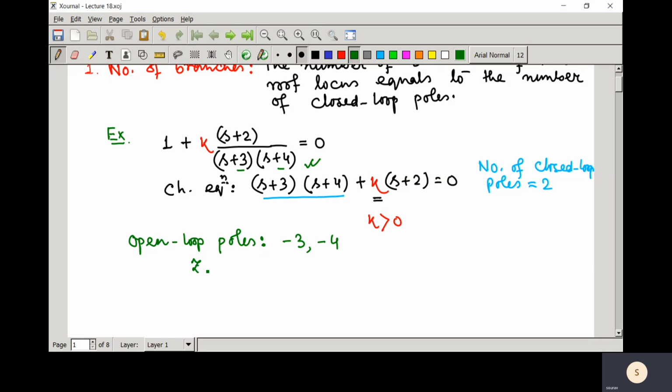And for zeros, there is one finite zero, that is -2, and another zero is at infinity. So now these are the open loop poles and zeros. But mind that root locus is the graphical representation of closed loop poles whenever K is varying.